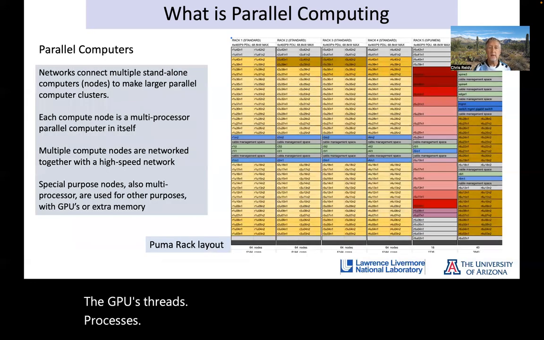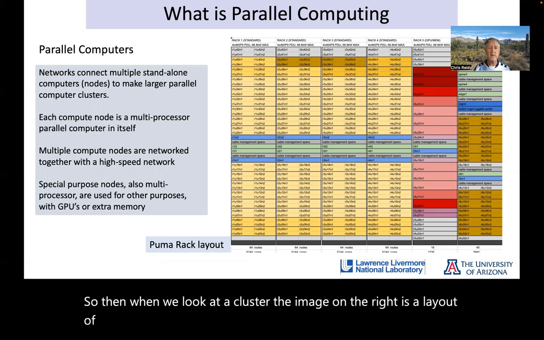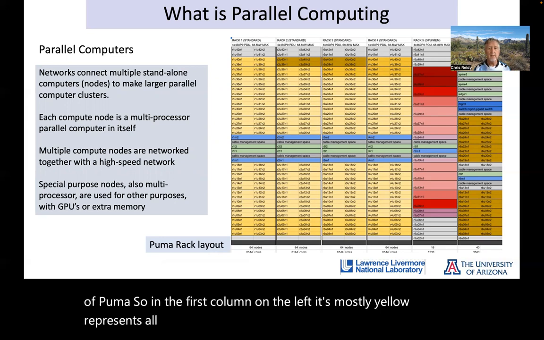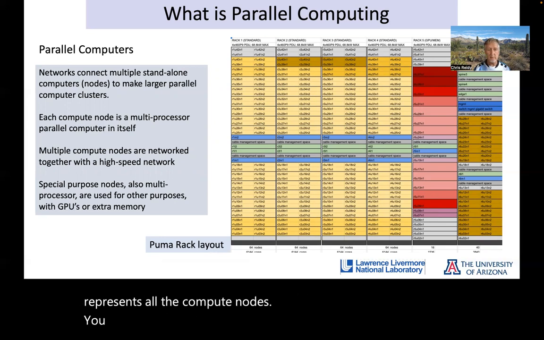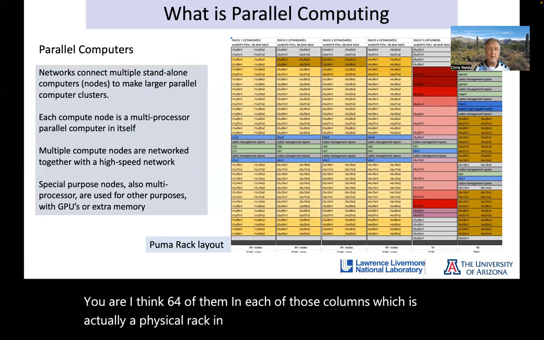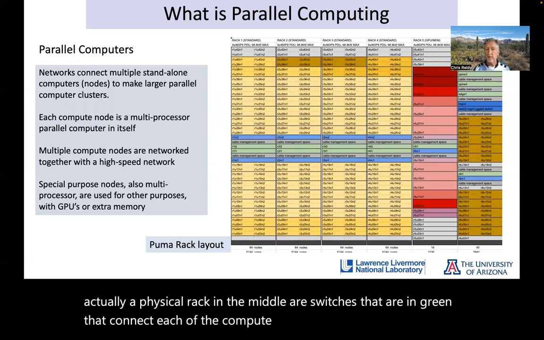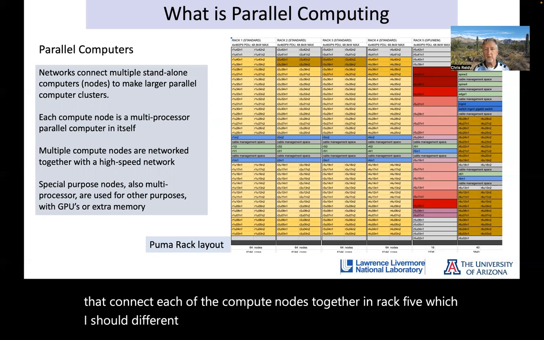When we look at a cluster, the image on the right is a layout of Puma. The first column on the left, mostly yellow, represents compute nodes. There are, I think, 64 of them in each of those columns, which is actually a physical rack. In the middle are switches in green that connect each of the compute nodes together. Rack 5, in different shades of red, has more specialized nodes: GPU nodes and high memory nodes.